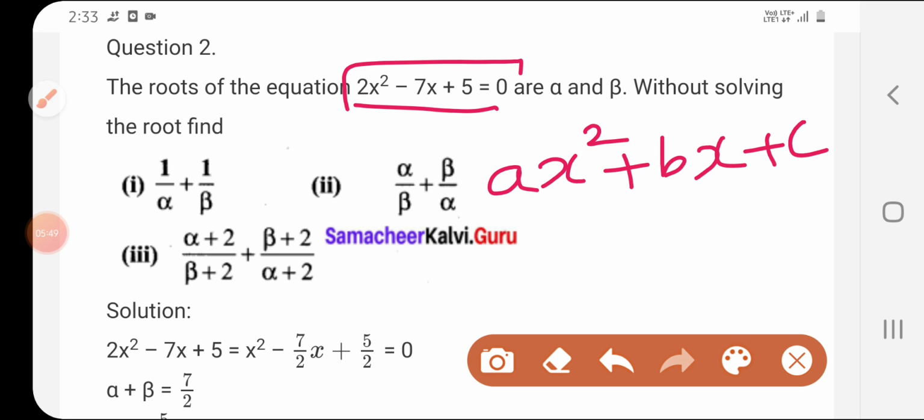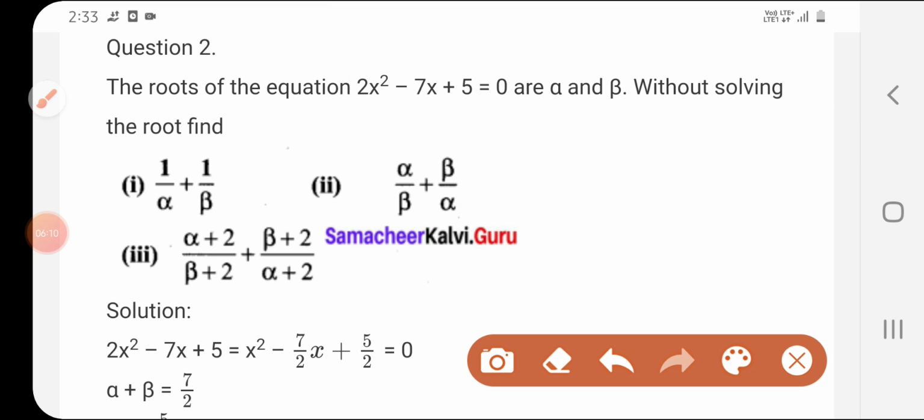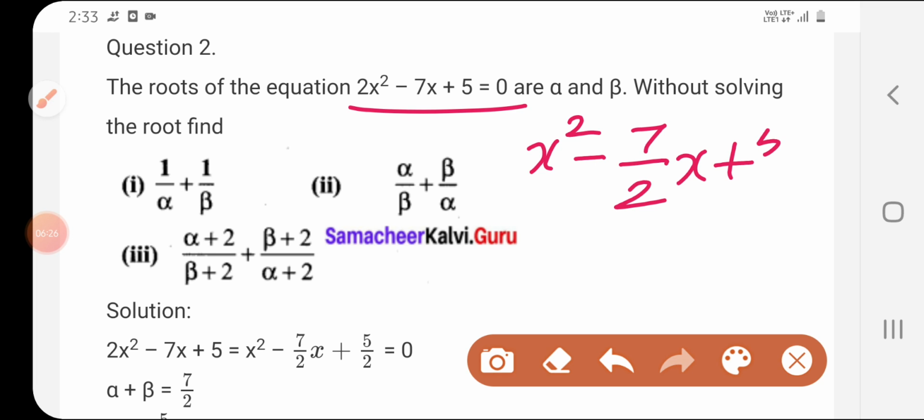We have to always keep the coefficient of x square as 1, so that we can get b as the sum of the roots of the equation and c as the product of the roots. So in this equation, we have to divide the whole equation by 2, then we can get the coefficient of x square as 1. When we divide it by 2, we get x square minus 7 by 2x plus 5 by 2 equal to 0.